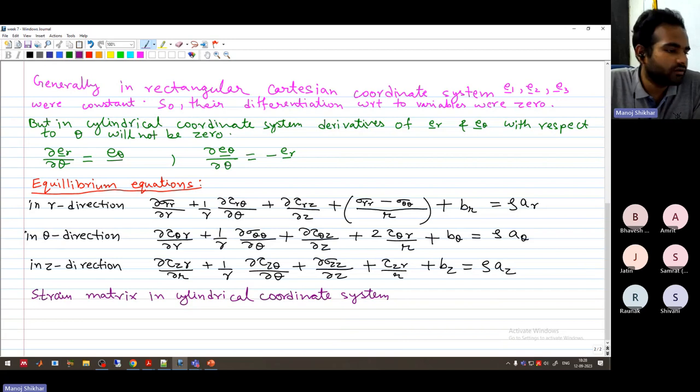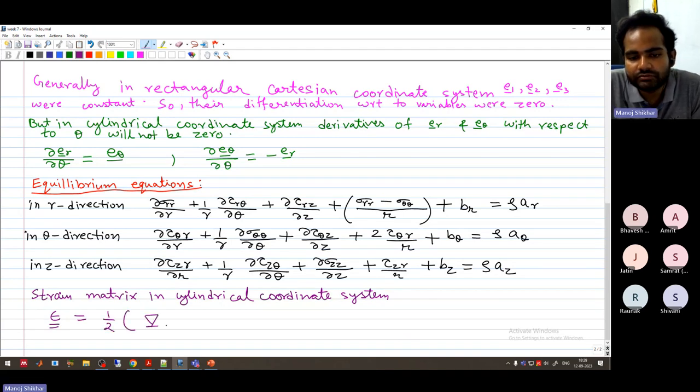The definition of the strain matrix was 1 by 2 gradient of u plus gradient of u transpose.